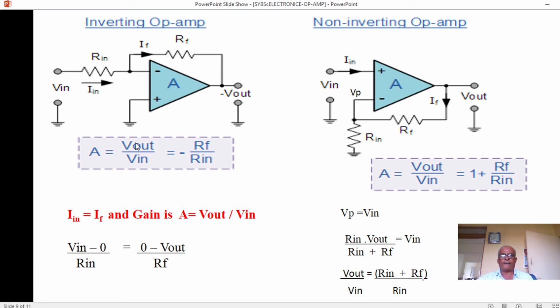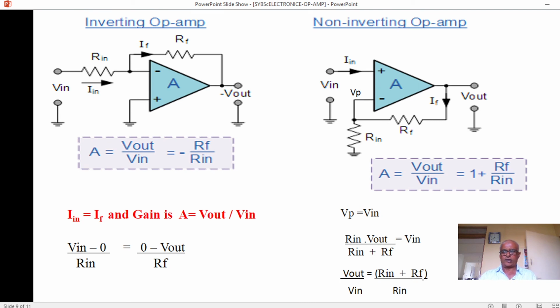And if we consider the resistance Rf, the left voltage is 0 from the virtual ground property, so 0 minus the right side voltage V out, so 0 minus V out upon the value of resistance Rf. So if we readjust the equation, we will get gain equal to output upon input.